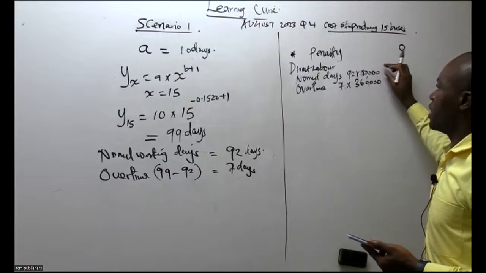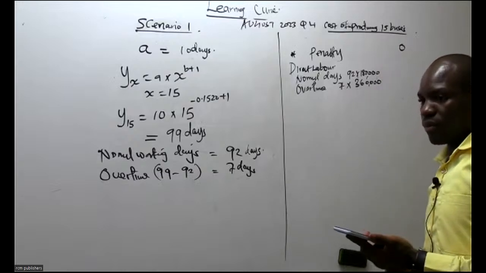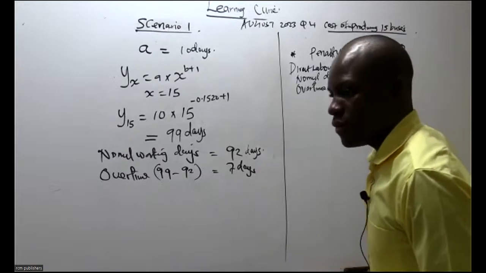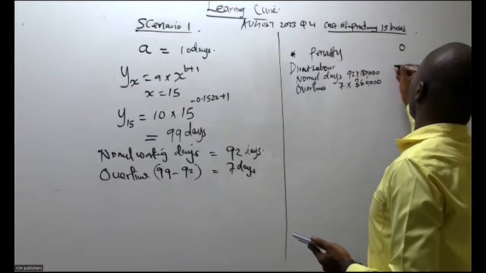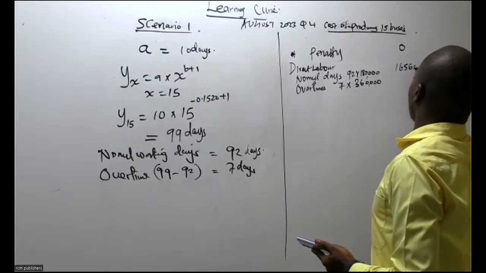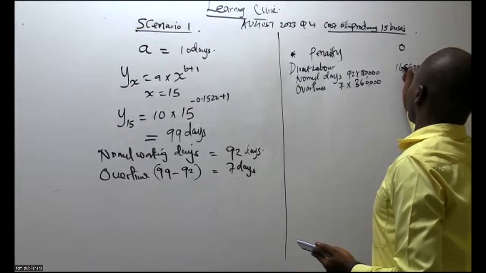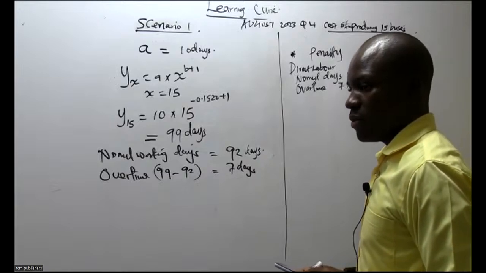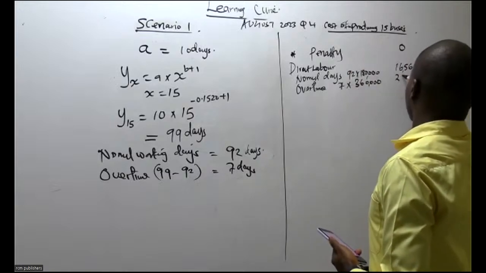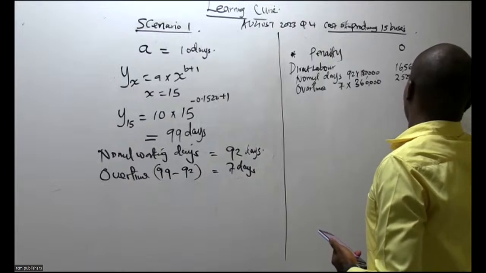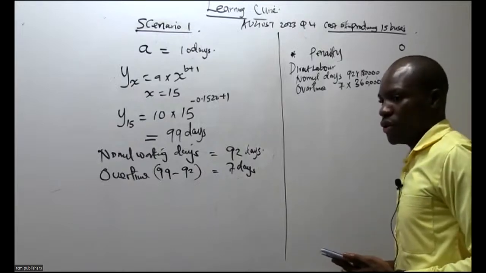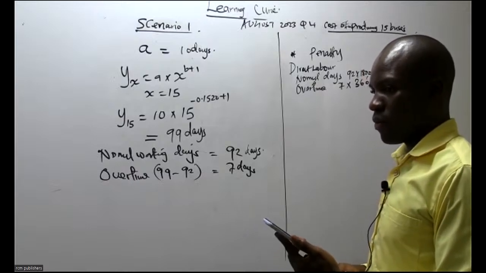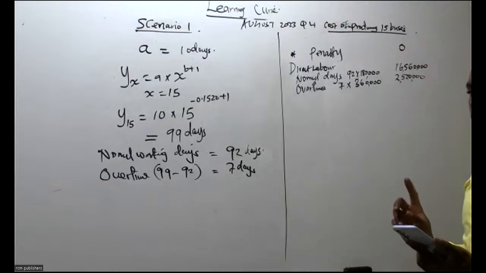Just start with the first one, 92 by 180. What will we have? 16,560. How about the overtime? 2,520. Good. I believe the rest are also getting that for the overtime.